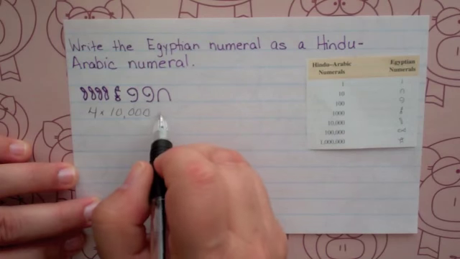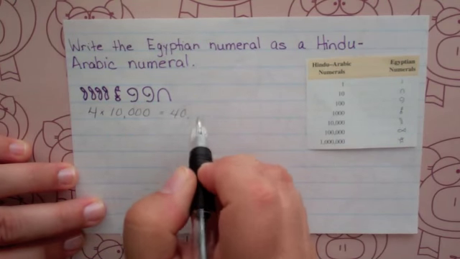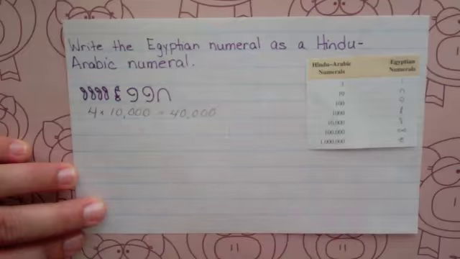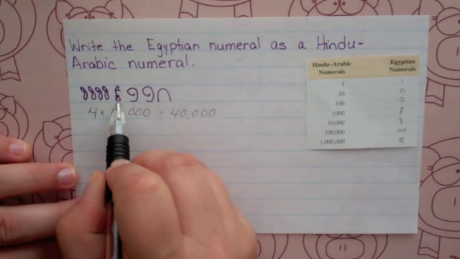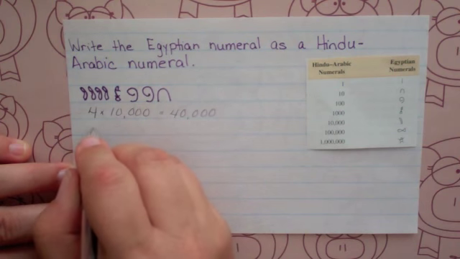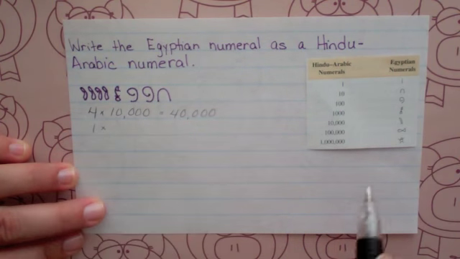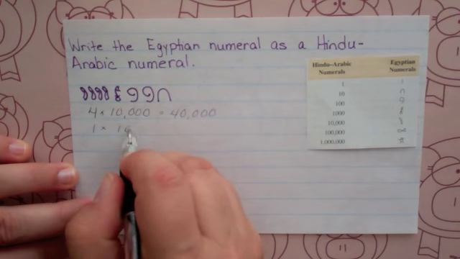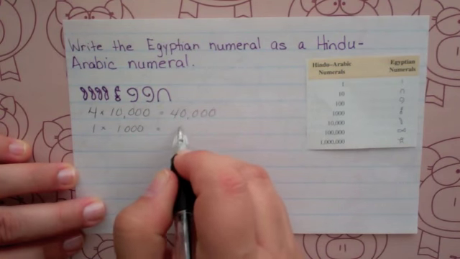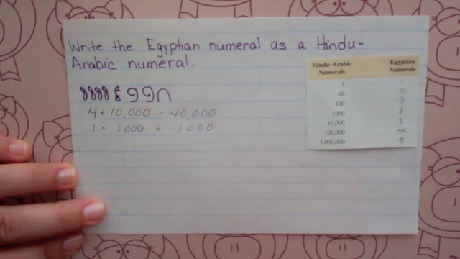So 4 times 10,000 is 40,000. The next symbol I see is a lotus flower. I have 1 lotus flower, and each lotus flower is 1,000.